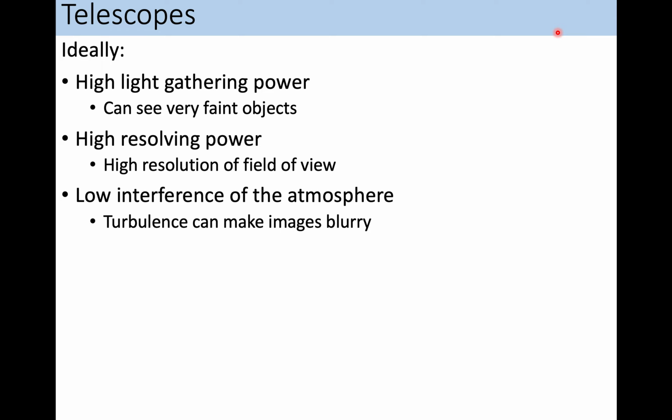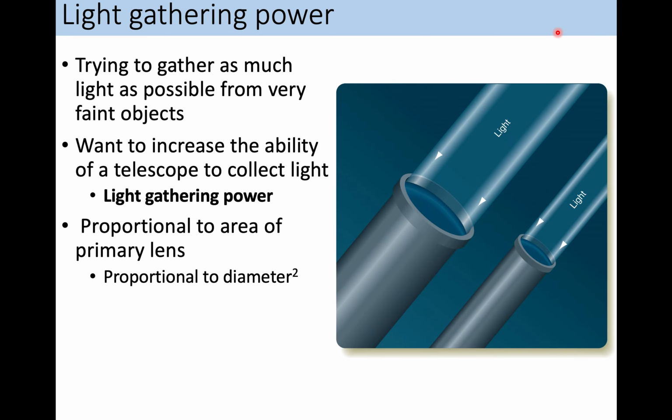You want it to have very high resolving power, meaning it has good resolution and it's not blurry. And you want very low interference of the atmosphere. So looking up through our atmosphere, you're looking through a lot of turbulence, so you're going to see blurry images. So let me get into each of these individually and how we can maximize.